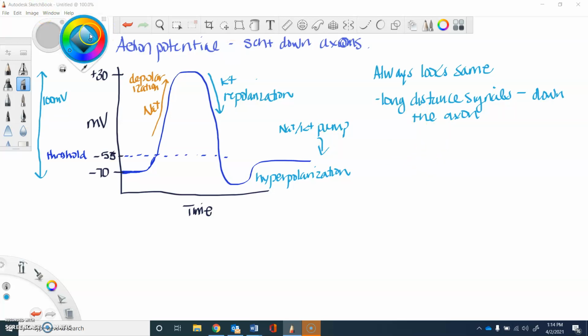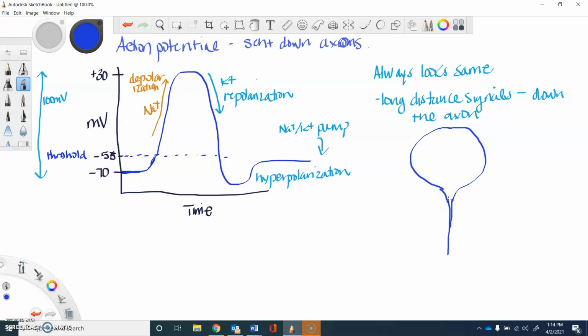So if we show a little, here's my cell body, here's my axon hillock, and then here's my axon, and we'll go out here to these little terminals here.